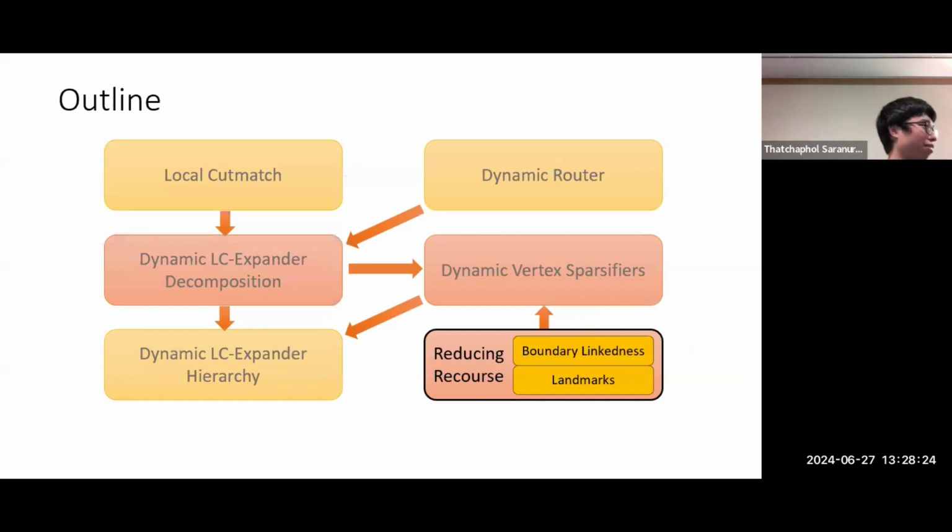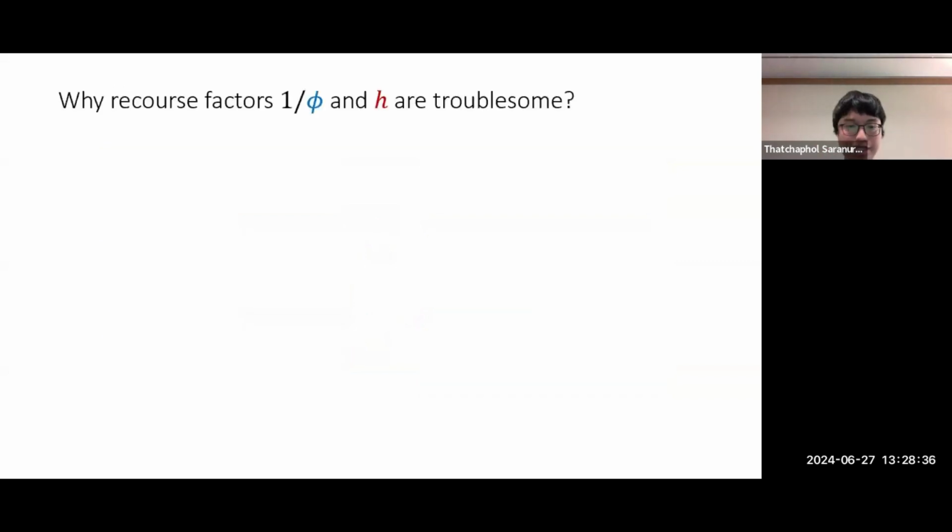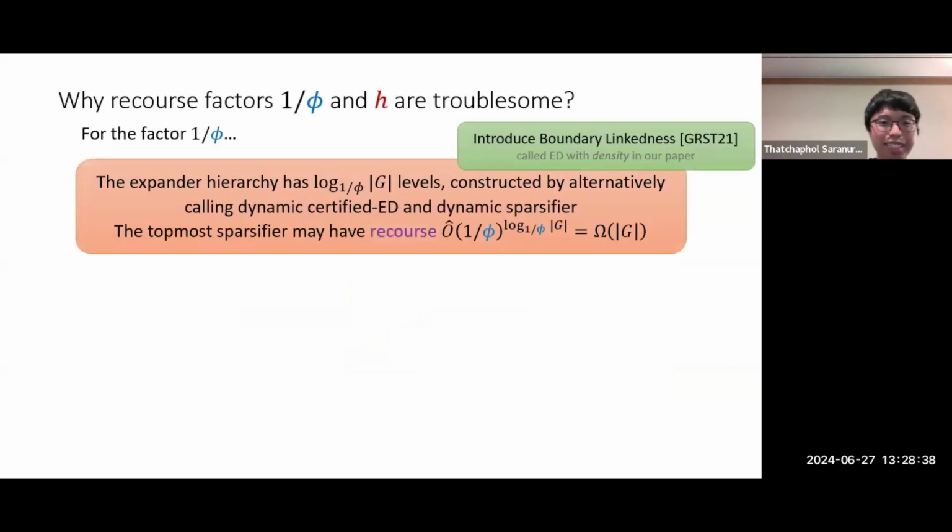Yeah, we will briefly talk about the high-level idea of how to reduce the recourse of the vertex classifier to make it close to constant. These are the reasons why the factors 1/ε and H are not good. The factor 1/ε is bad just because our hierarchy has so many levels, we cannot allow the recourse to blow up by a 1/ε factor per level.